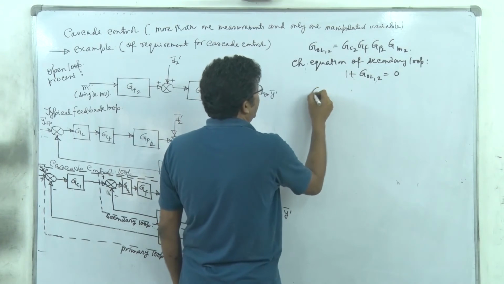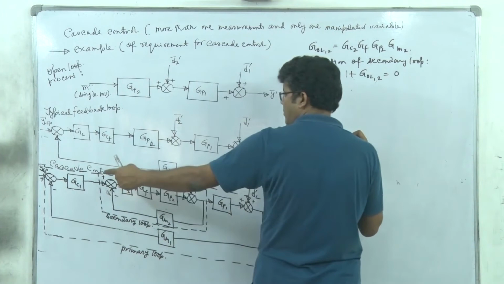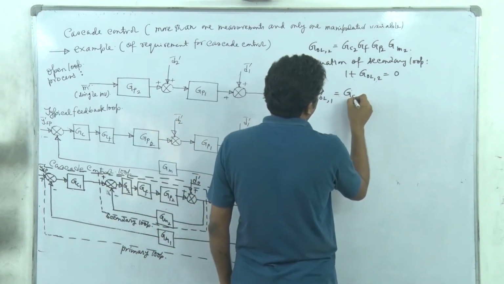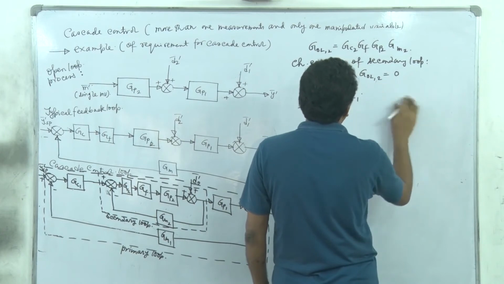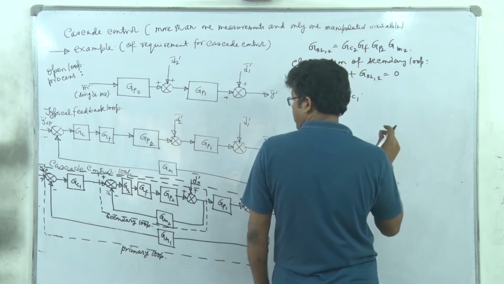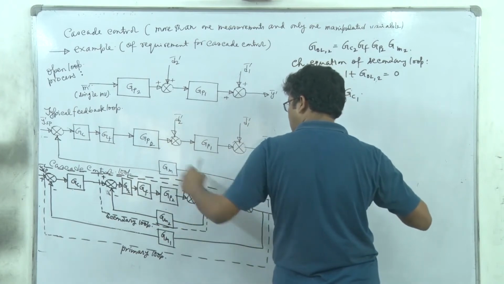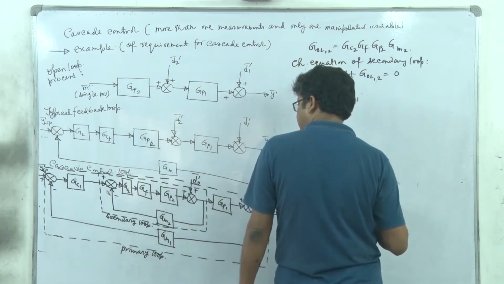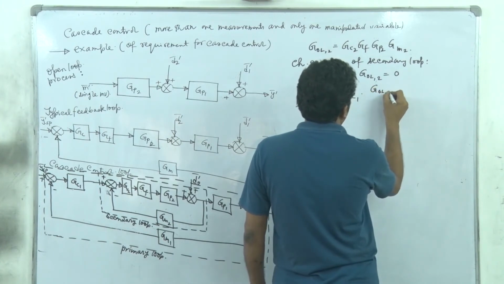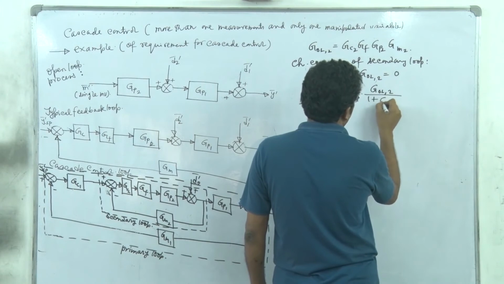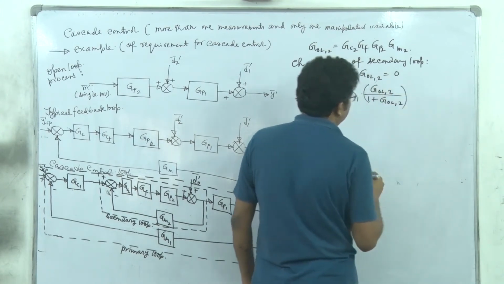Now the open loop transfer function for the primary loop will be GC1 into, and this entire block can be replaced by GOL2 divided by 1 plus GOL2, that we know, right?